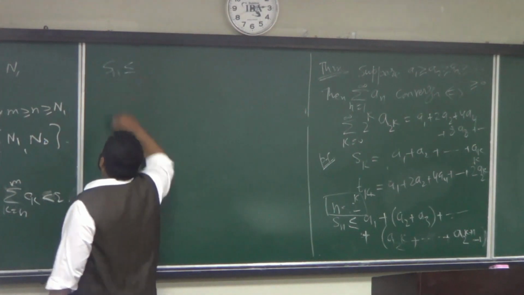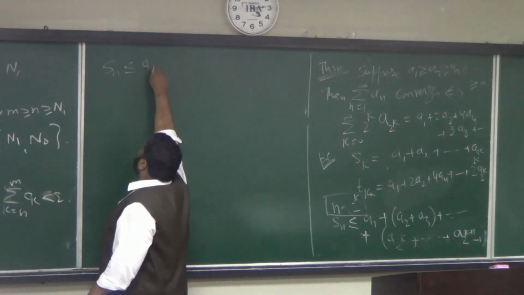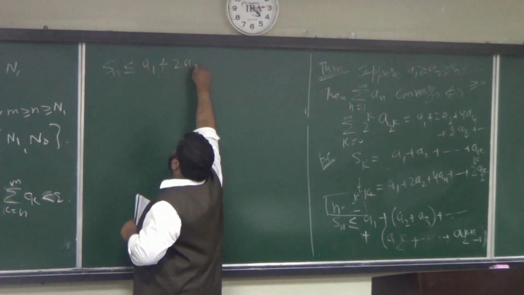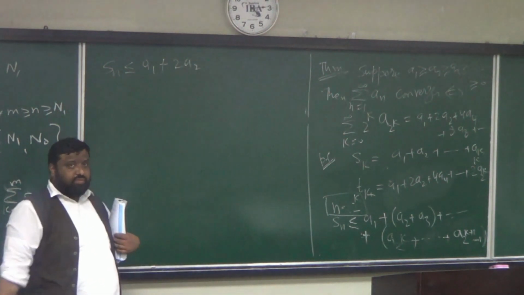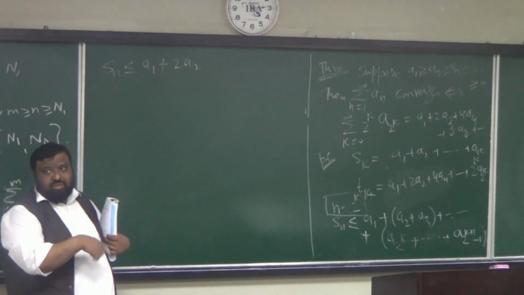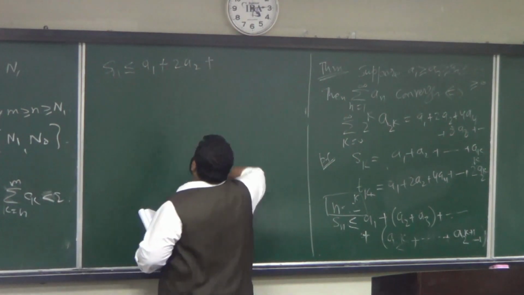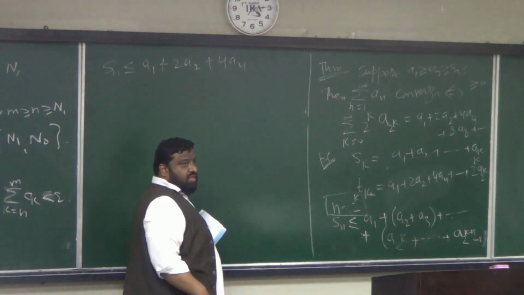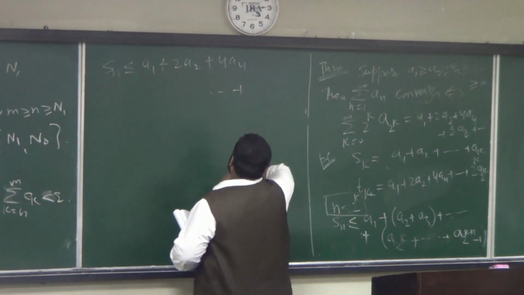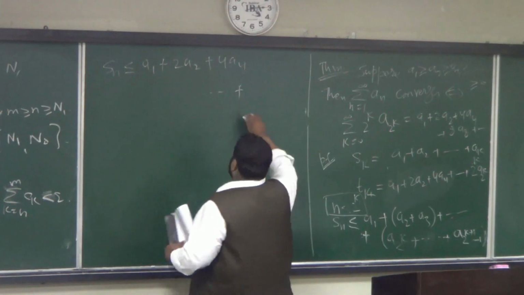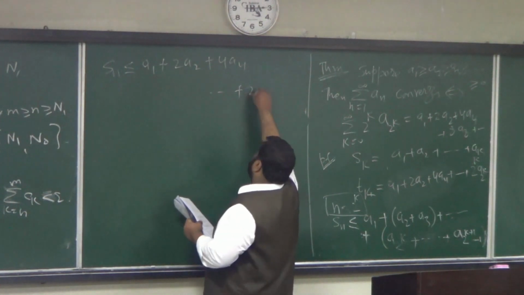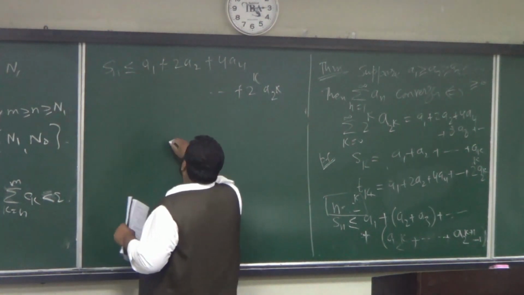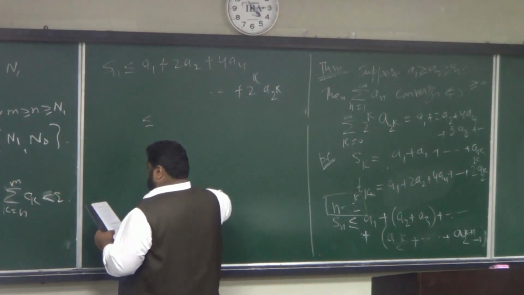S_n is less than or equal to, can I say that this is the same as a_1 plus 2a_2, because a_3 can be dominated by a_2, plus 4a_4, and so on and so forth, and the last term is going to be 2^k a_{2^k}, which is less than or equal to what?